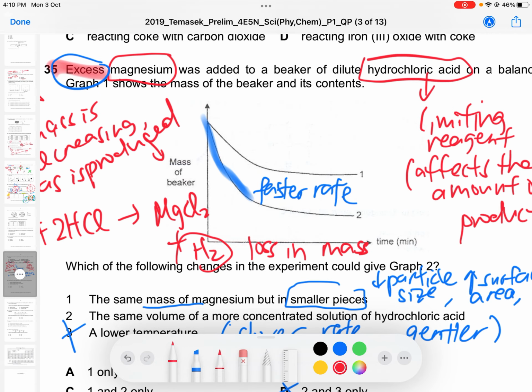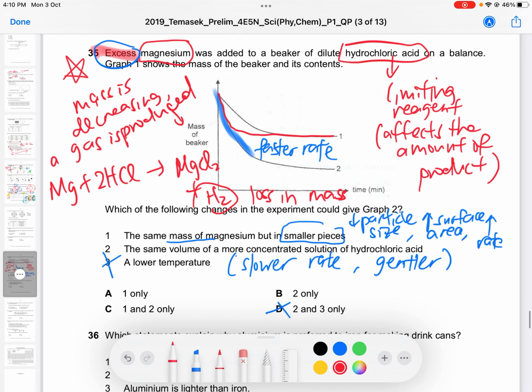So actually, if it's statement 1, it will be something like this. It will be faster, but loss of mass will be the same. So that's why it's not 1. Because if you look at graph 2, I have more hydrogen lost.